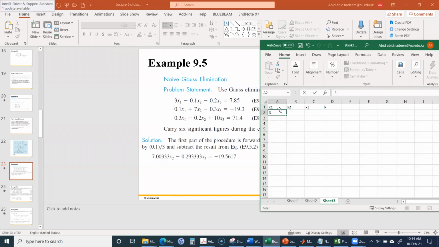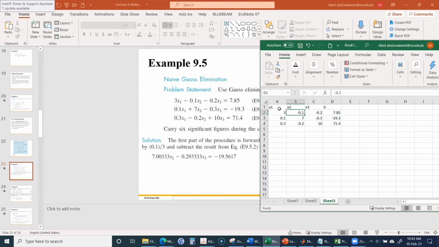So 3, minus 0.1, and minus 0.2, 7.85; 0.1, 7, minus 0.3, minus 19.3; 0.3, minus 0.2, 10, and 71.4.